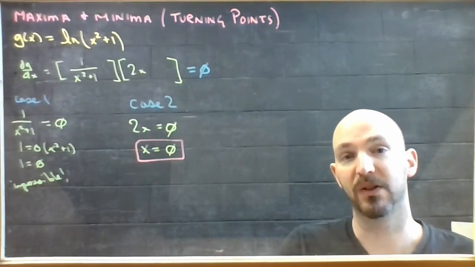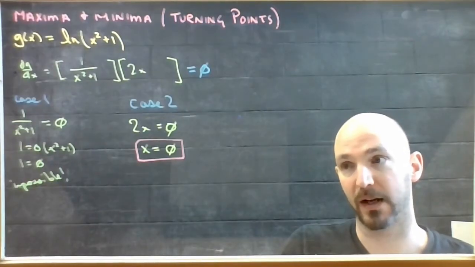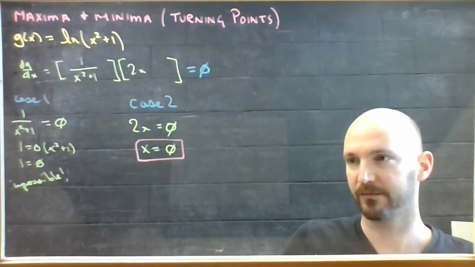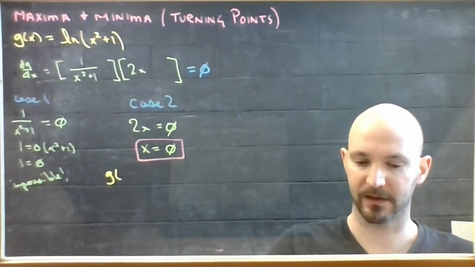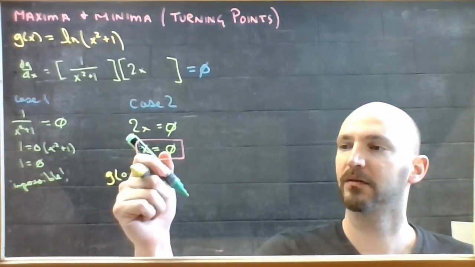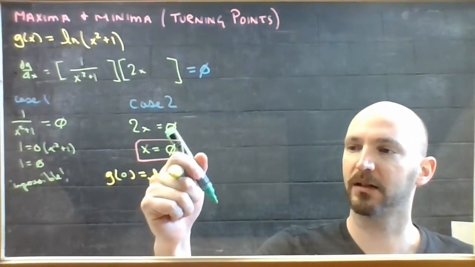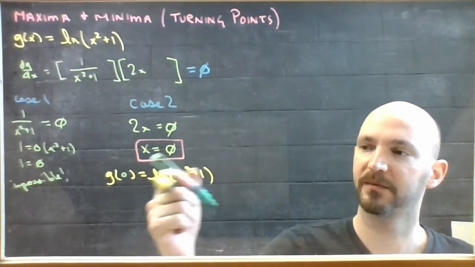So the only thing left to do then is to put this back into the function to get the y value. So g, when x is 0, would be the ln of 0 squared plus 1.